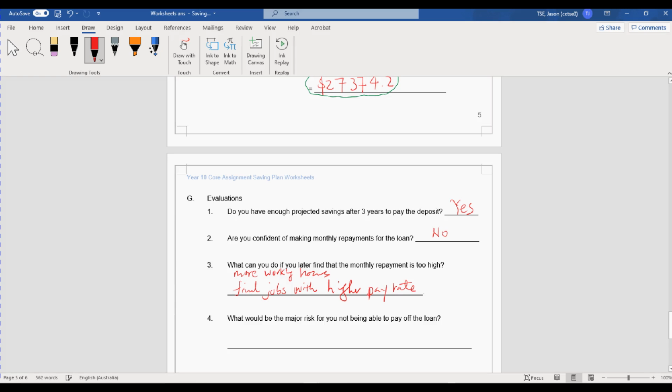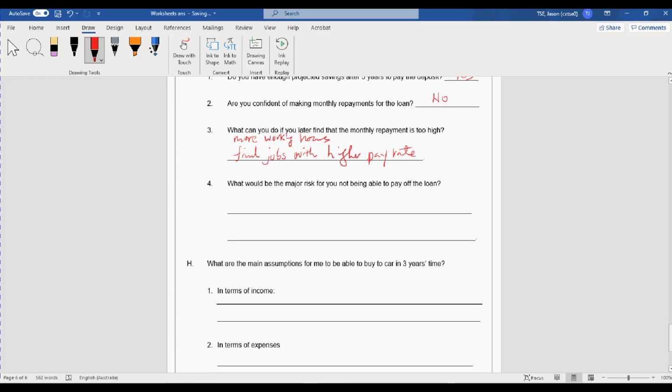And what would be the major risks for you not being able to pay off the loan? It's different for everyone, right? For students, possibly you are worried you can't find a job. Right now you have a job, but you're not quite sure about the economic situation after 3 years.